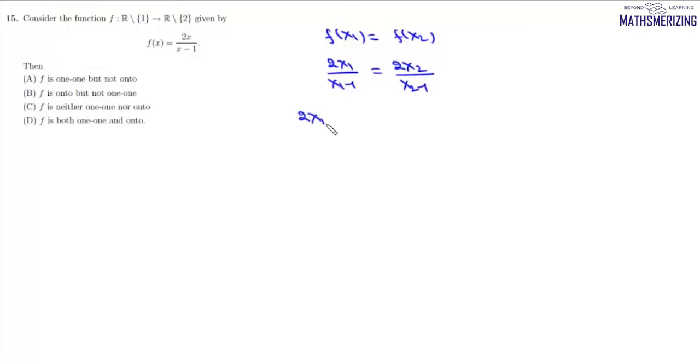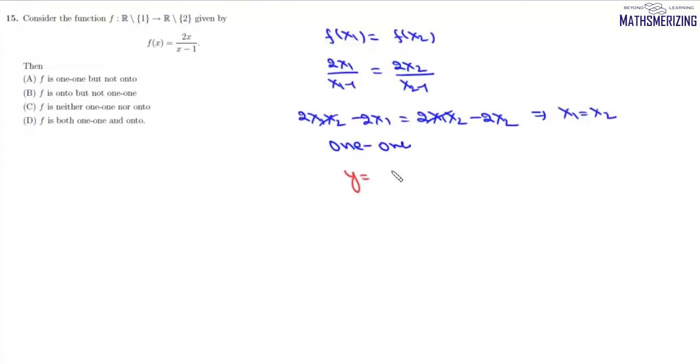We'll write 2x1x2 minus 2x1 equals 2x1x2 minus 2x2. So we'll cancel. So the only condition that we'll get here is x1 is equal to x2. That means this function is a one-one function.